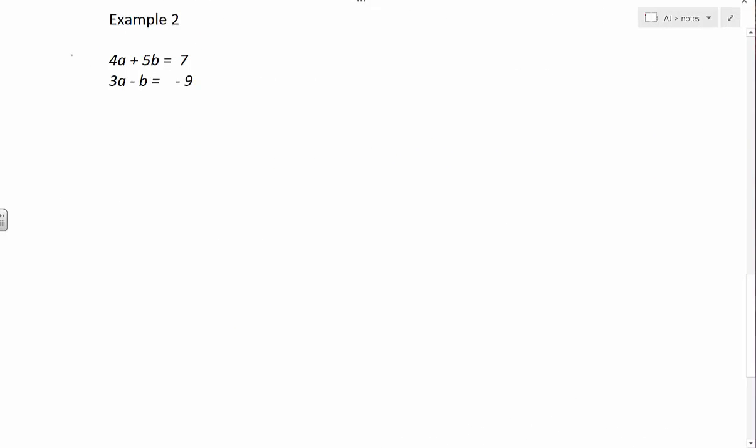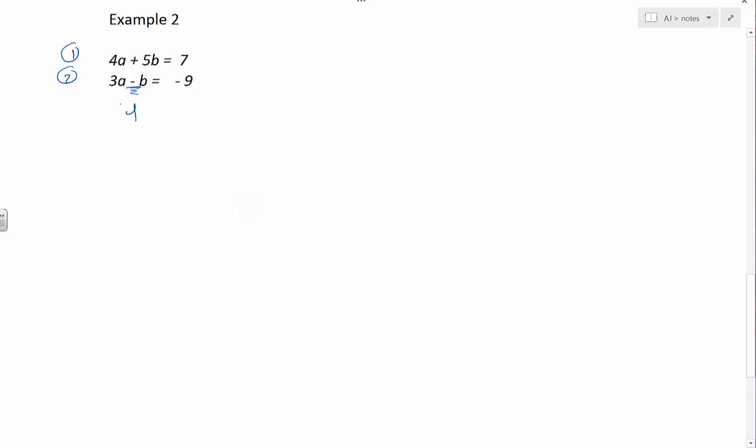Okay, so the thing to do is to try to find a variable which is by itself. There's no multiplier in front of it. And in these two equations here, we notice in equation 2 that we have 3a minus b. We have a b by itself.